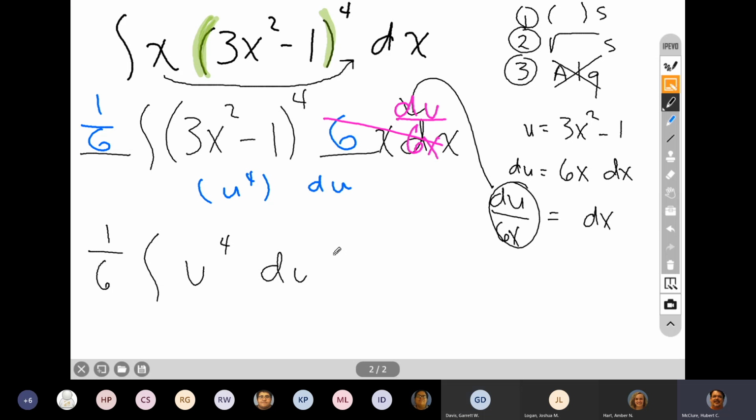So this gives us 1/6 times u to the 5th over 5, and that gives us u to the 5th over 30, plus c. I'm just going to let y'all plug back in.